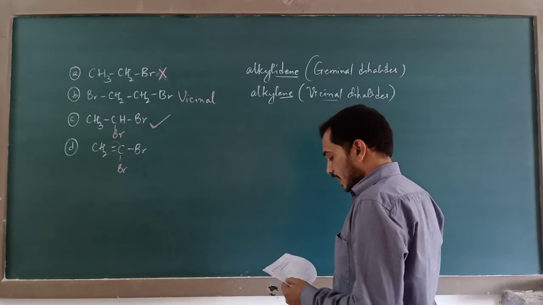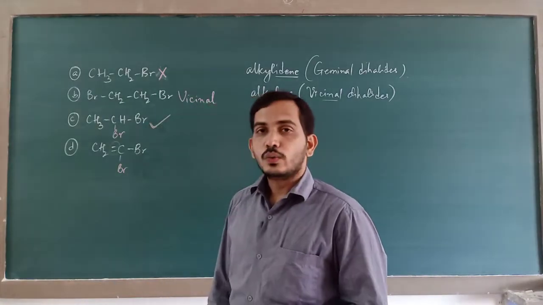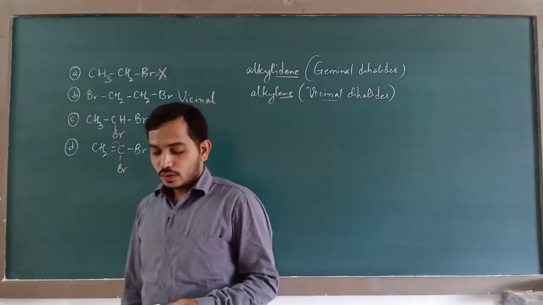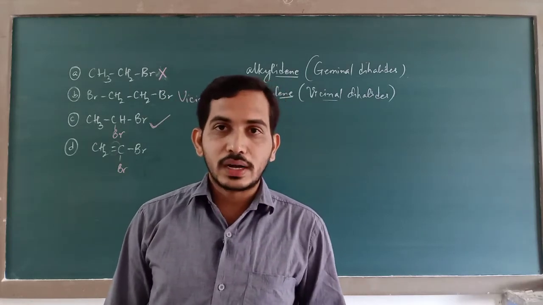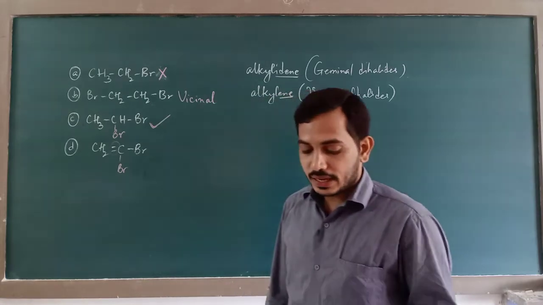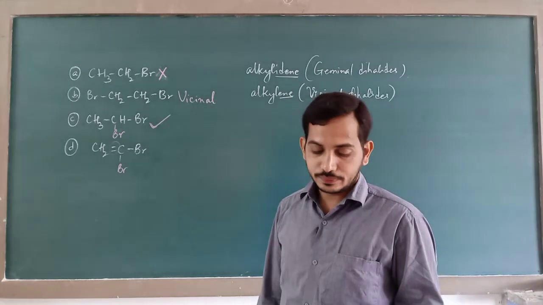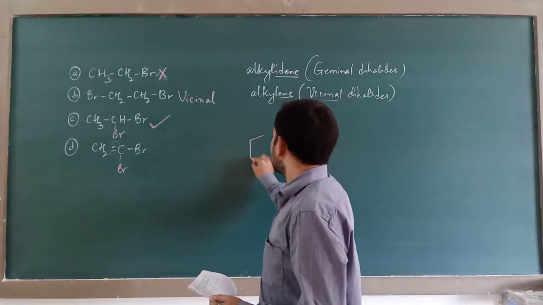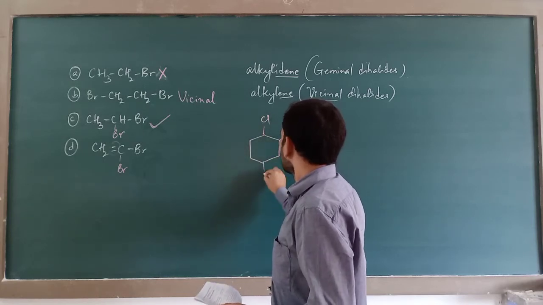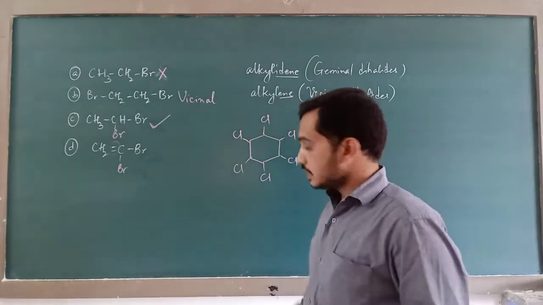Then second, benzene hexachloride is. 4 options are given: 1, 2, 3, 4, 5, 6 hexachlorocyclohexane, then 1, 1, 1, 6, 6, 6 hexachlorocyclohexane, 1, 6 phenyl 1, 6 chlorohexane, 1, 1 phenyl 6, 6 chlorohexane. Benzene hexachloride has this structure.